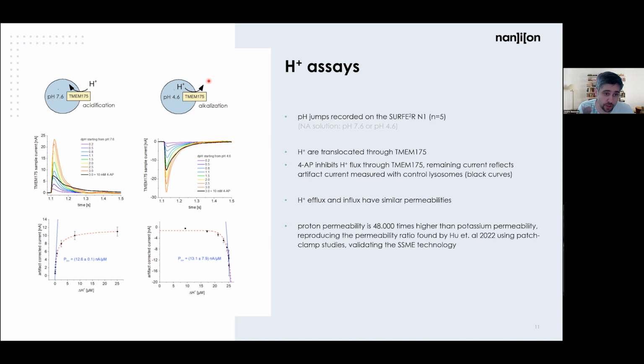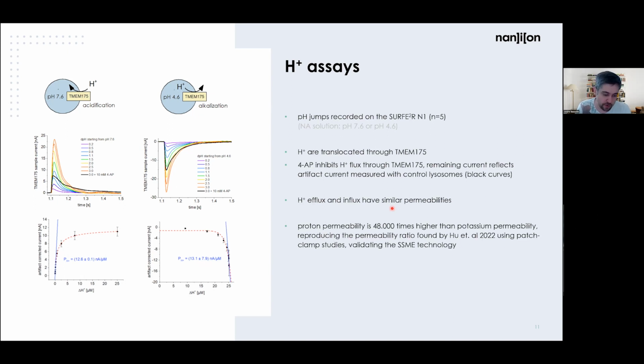And here essentially you see the same thing, only if you jump to very alkaline or close to neutral pH on the outside, then you will see a linear dependence, and you can get the permeability for protons, which is essentially the same as for influx. So there is no different permeability for influx and efflux in our assays.